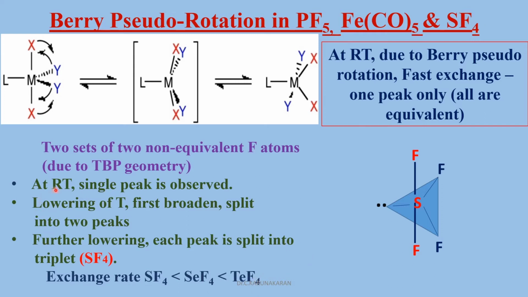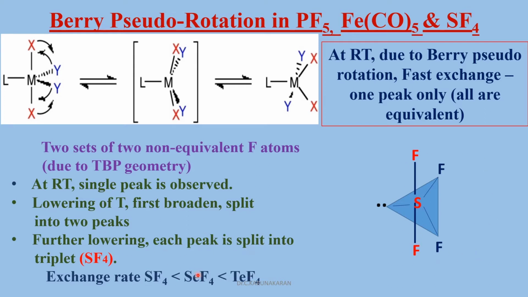For example, at room temperature, a single peak is observed because of constant exchange of axial and equatorial positions; all the fluorine atoms are equivalent. On lowering the temperature, it splits into two signals, because axial fluorine and equatorial fluorine are chemically distinct.